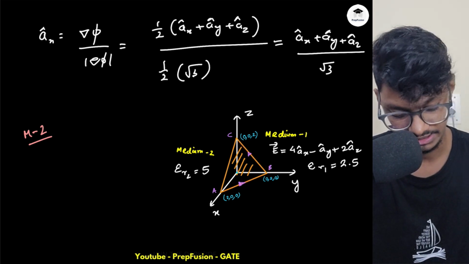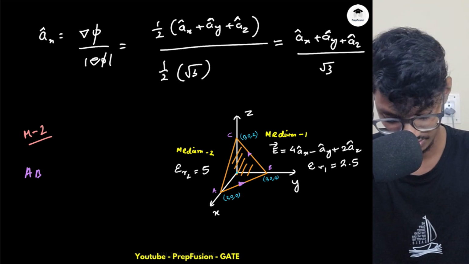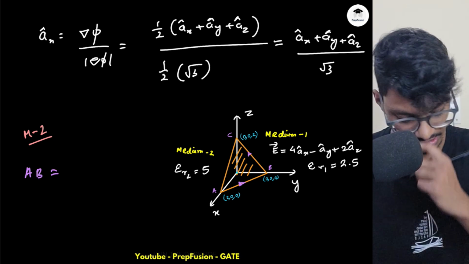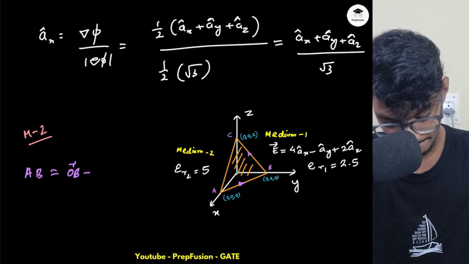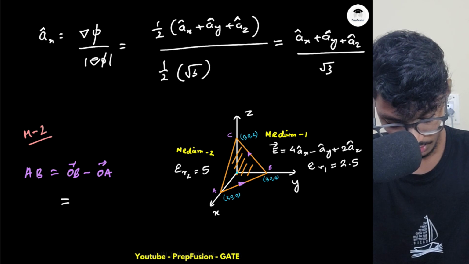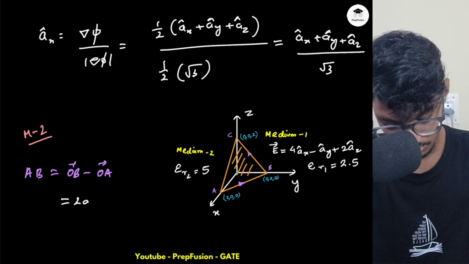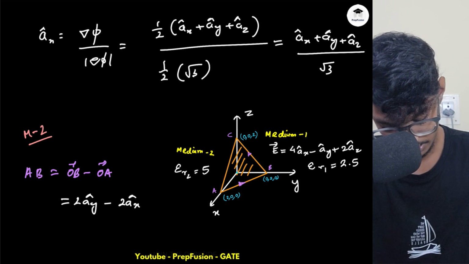I'll do AB cross BC, right? So what is AB? I know how to write position vectors in Cartesian coordinates, right? Most simplest thing. So AB will be OB minus OA. This is equal to what? OB is 2AY cap minus OA, which is 2AX cap.